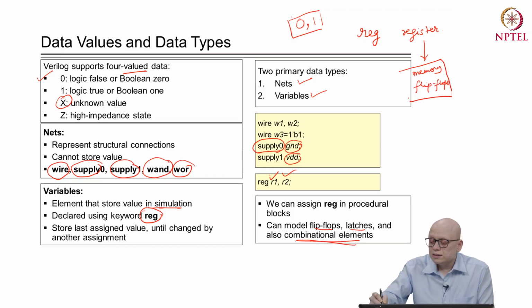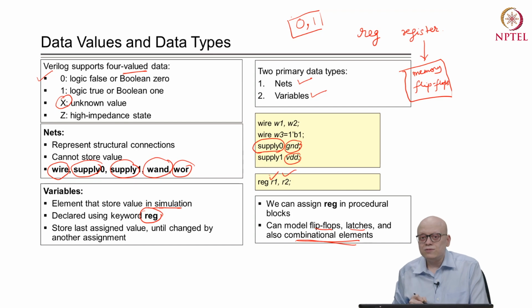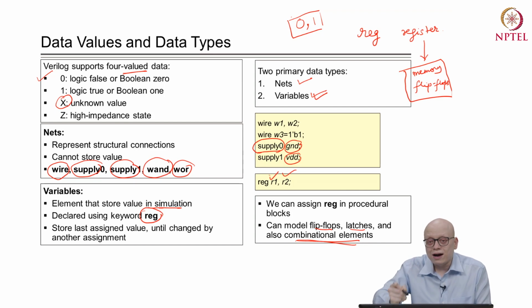So, reg is a keyword which is there to define a variable. Finally, whether this variable will be synthesized to a flip flop, a combinational circuit, or a latch will be based on how this reg is used inside the Verilog code.